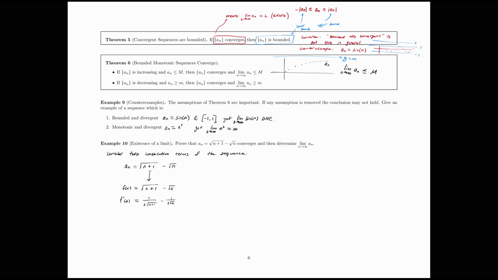So what I could do here is notice that this denominator here is larger than this denominator here. That means that this fraction is less than or equal to this fraction. Bigger denominator means smaller fraction.